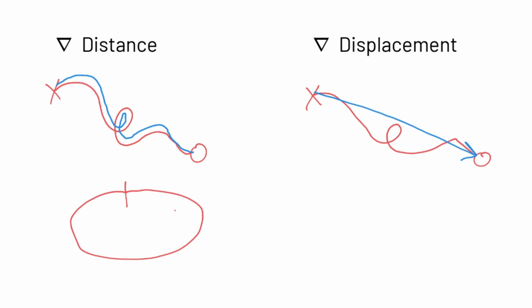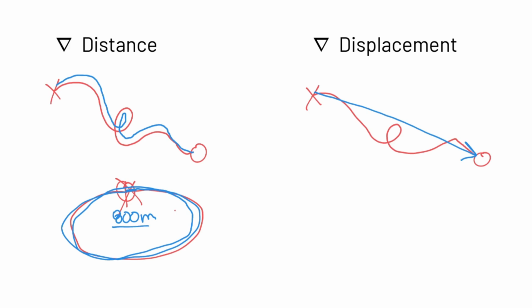So let's say that you start here and you end here. Okay, so for distance, the number of laps that you make, let's say you make 2 laps. So you go around, that's 1, you go around, that's 2. That would be 800 meters. That's your distance.